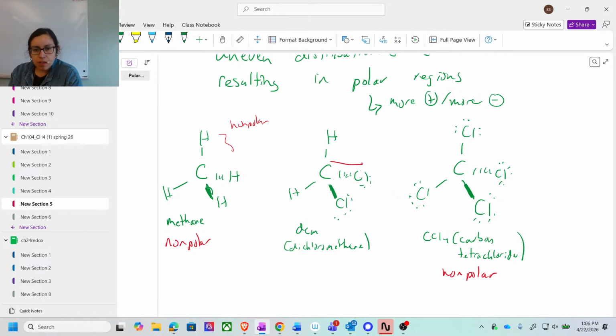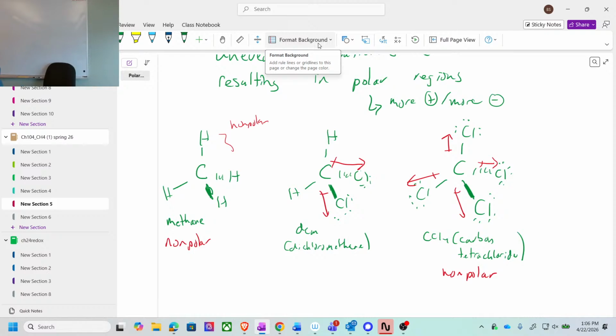But let's draw vectors for these. I'm going to draw them where the arrow is going towards the more electronegative element, so that might be opposite from your normal physics convention. If we compare the dichloromethane now to the carbon tetrachloride, we can draw out our vectors in all directions. It might be useful to pull out your molecule kit.